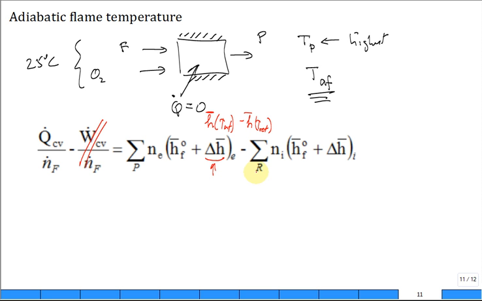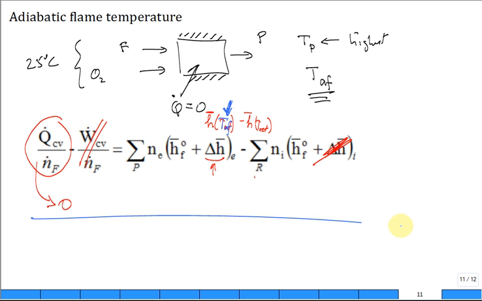The reactants, bring them in at standard conditions, 25 degrees C. So what happens is if it's adiabatic, this term is driven to 0. And how do you compute the adiabatic flame temperature? By slowly, computationally increasing this temperature until this equation is equal to 0. The right-hand side is equal to the left-hand side.